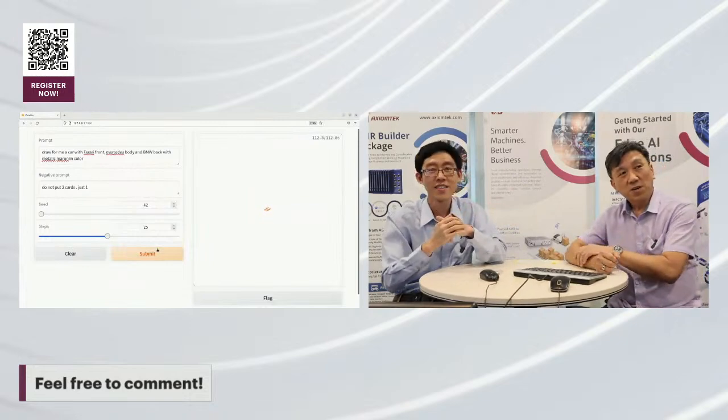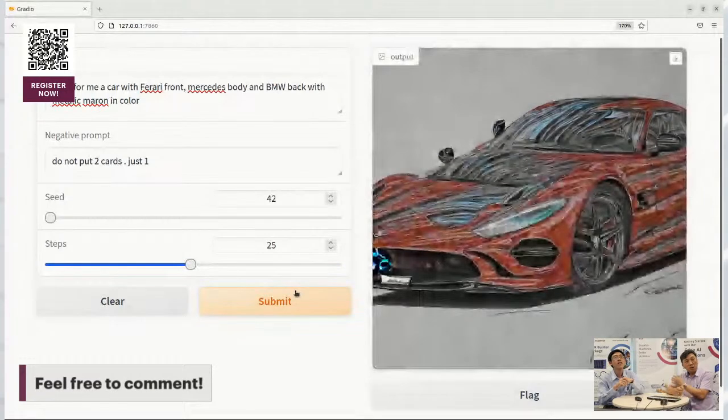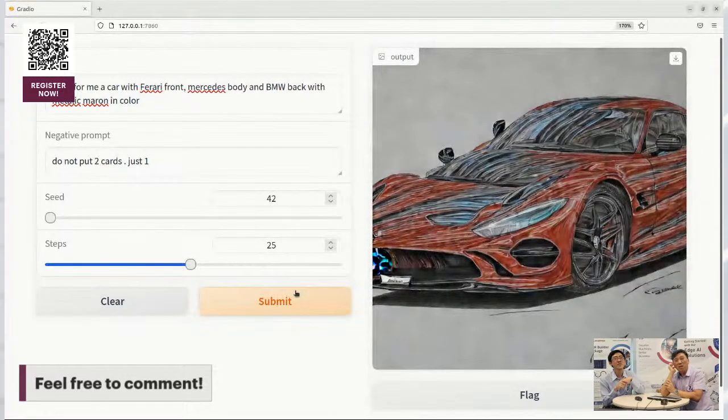Okay, so the result is going to come out. On the front, does it look like a Ferrari? Yeah, Ferrari front. But you see, Ferrari combined with BMW, I think it will be very awkward.